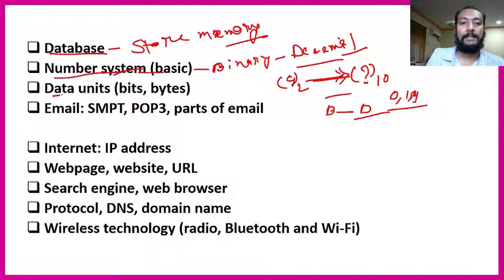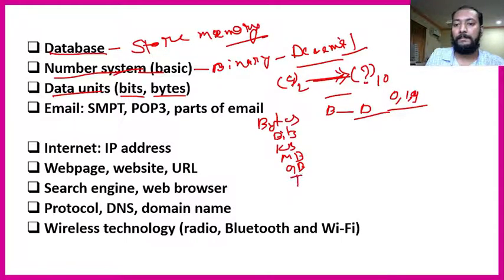Then later the data units, bits and bytes, all these things we will be looking at. I think we have heard all these things. Starting with bits, bytes, then KB, MB, GB, TB. Questions will be asked easily from this part. So you should know the ascending and descending order of these.